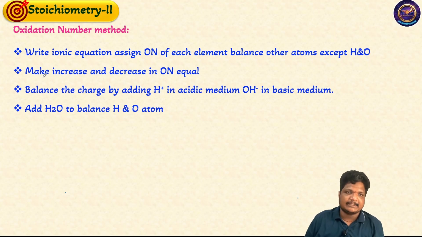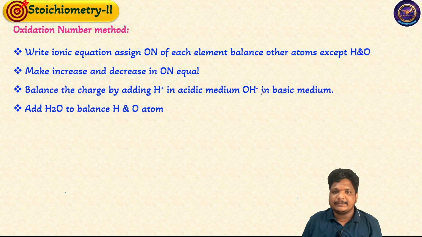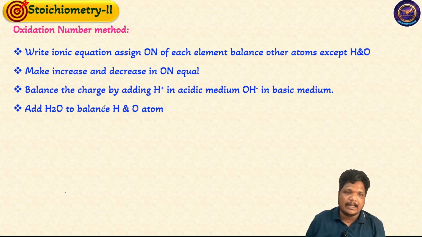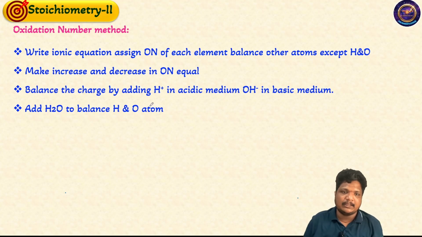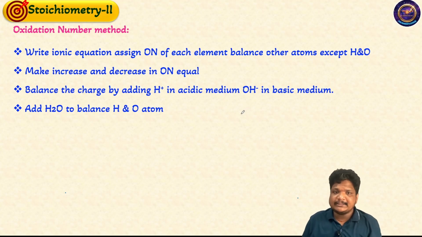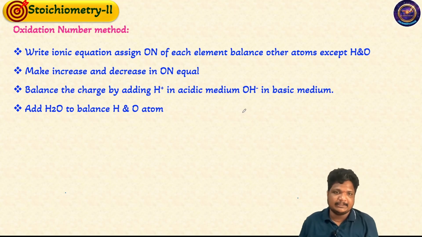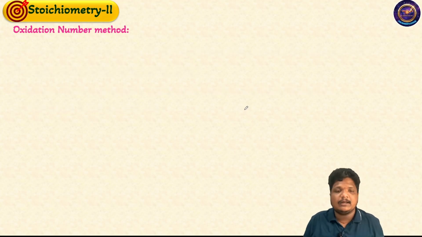In the second step, make the increase and decrease in oxidation number equal. The third step is to balance the charge by adding H+ in acidic medium, OH- in basic medium. The last step is to add H2O to balance hydrogen and oxygen atoms. So this method is very simple, which is helpful for competitive examinations. Let us see one example for this oxidation number method.